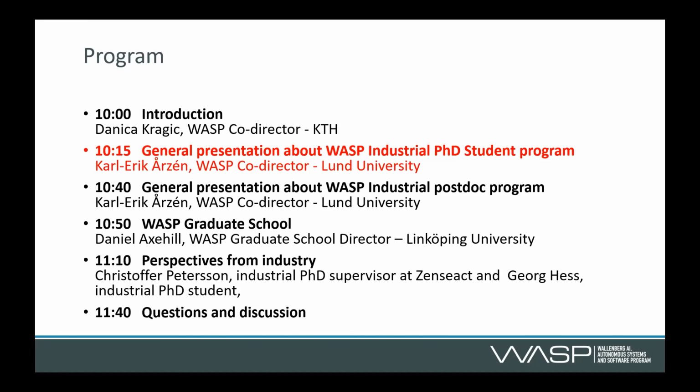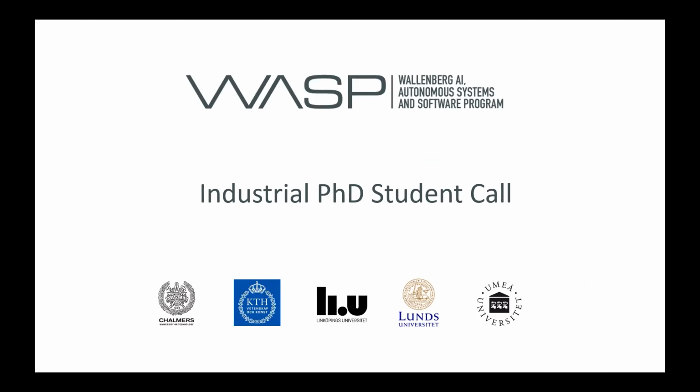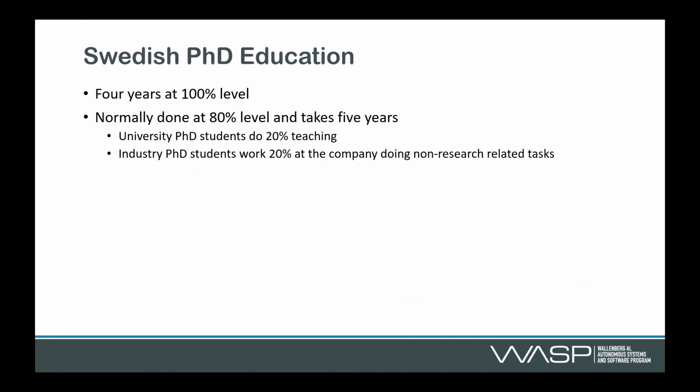Okay, now we switch over to the first call, the call for industrial PhD students. First, some general words about Swedish PhD education, because some of you might not know it, although most of you do. A Swedish PhD takes 4 years at 100% level.